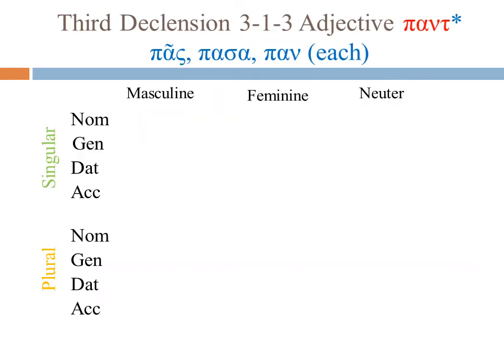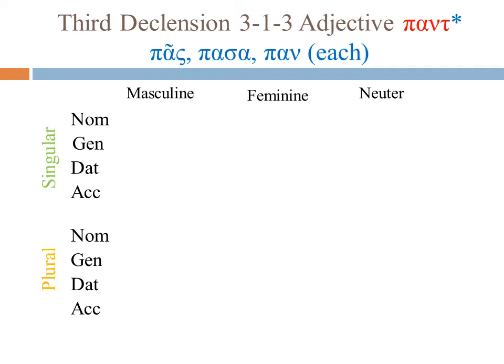Third declension 3-1-3 of the adjective pas, pasa, pan each. The stem or root of this is pant, and you'll see that little asterisk there that tells us that this is the stem. And we know that nu tau plus a sigma is going to give us a sigma. So the masculine nominative is going to show a merge because the masculine nominative is a sigma.